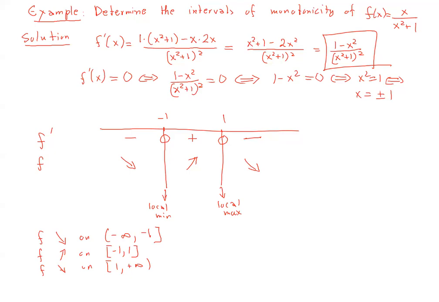Okay, so why don't we do one more example with a slightly different function. So find the intervals of monotonicity of f of x is equal to x times e to the negative x.